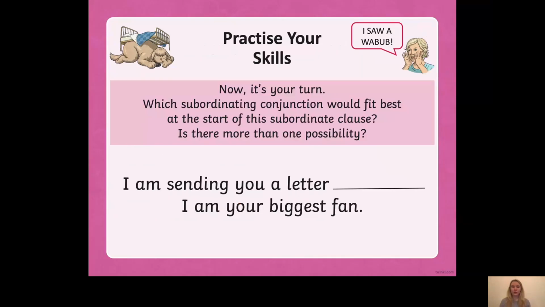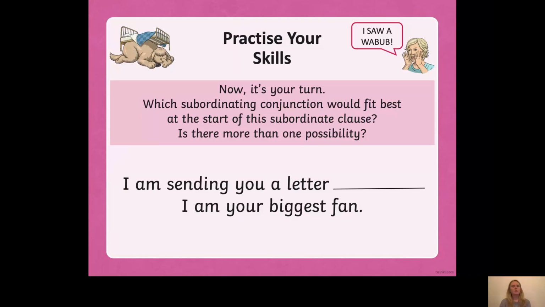So here we go. I am sending you a letter. I am your biggest fan. Now, I am sending you a letter if I am your biggest fan. No, that one doesn't work, does it? I am sending you a letter when I am your biggest fan. No, that also doesn't work. What conjunctions have we got left? We've got after.